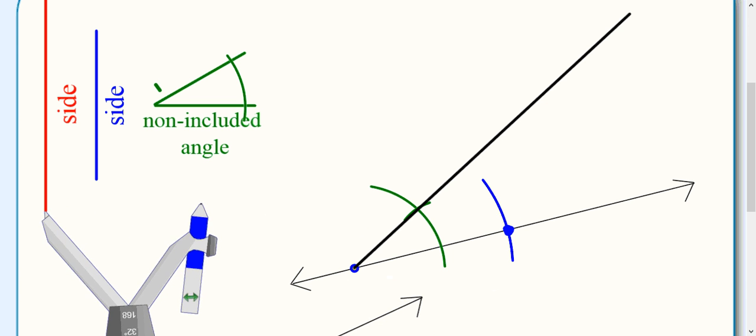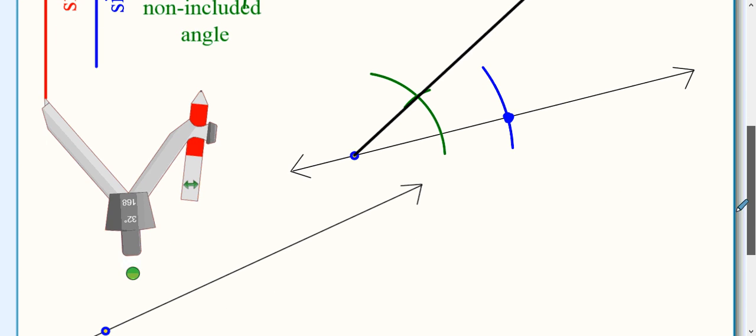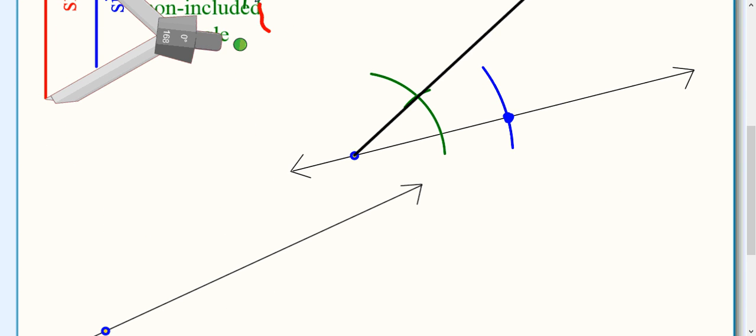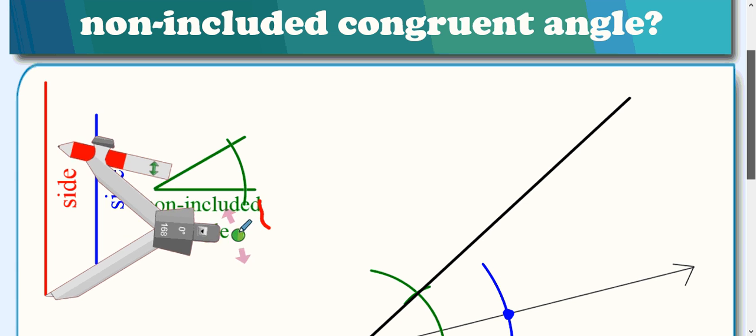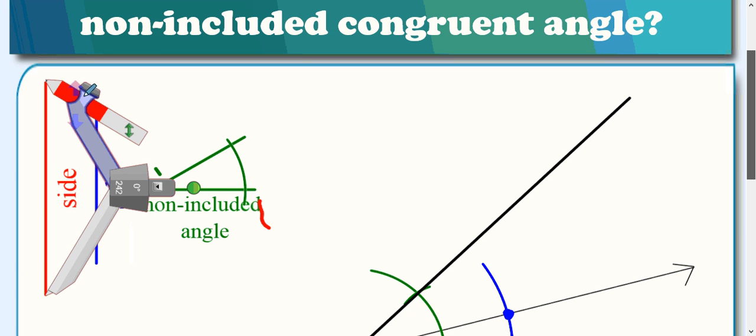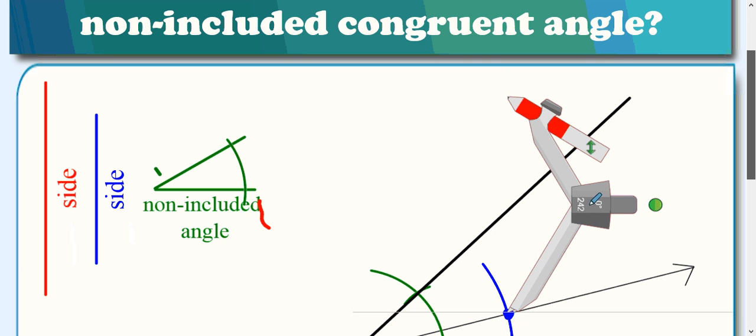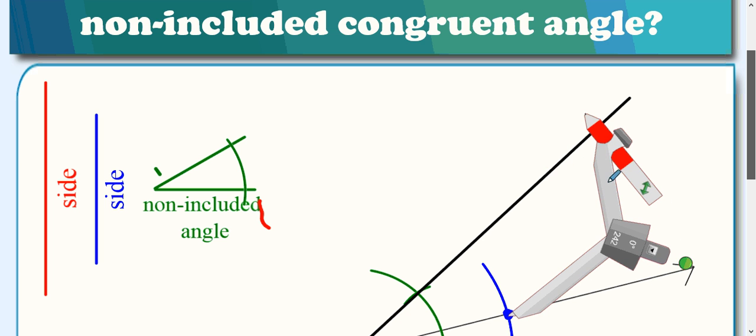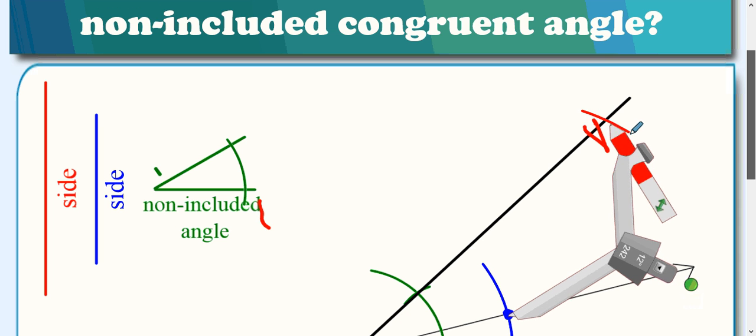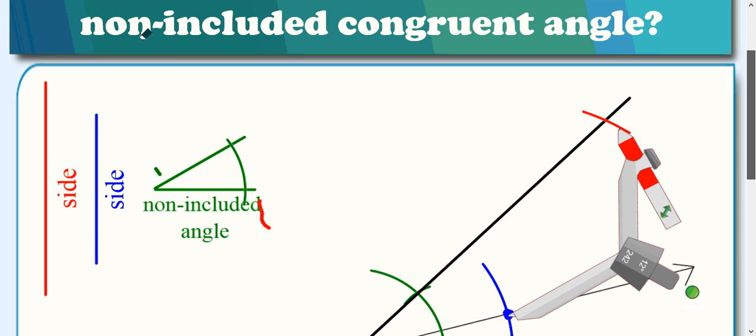Now we'll do the same thing for the red. So it marks way out there.